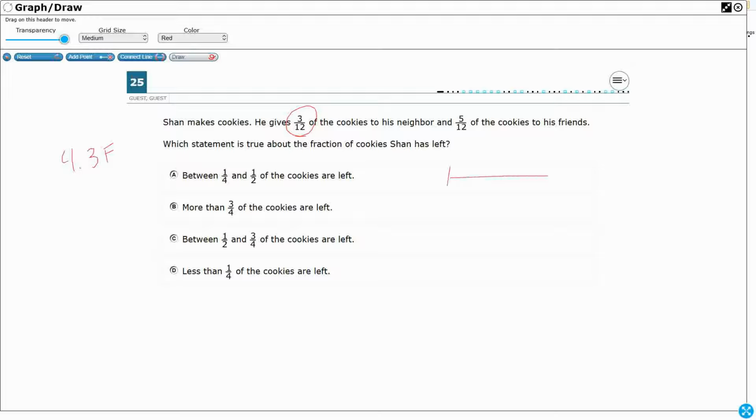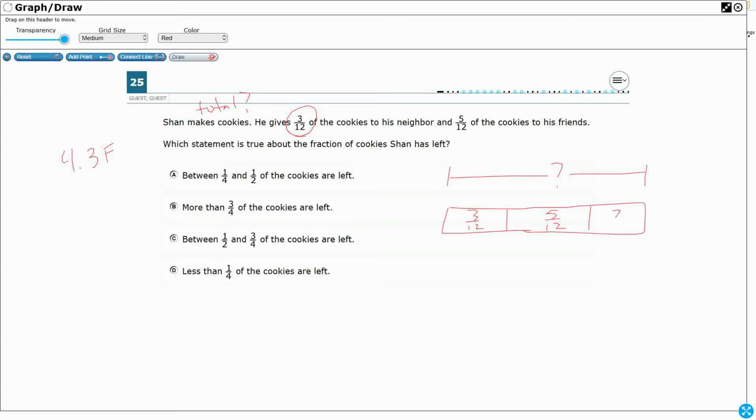And so we can kind of do this right here. There's some cookies. I don't know the total. The total is unknown. So he's going to give 3/12. Let's just do it like this. 3/12 to his neighbor, 5/12 to his friend. What is true about the fractional cookies he has left.